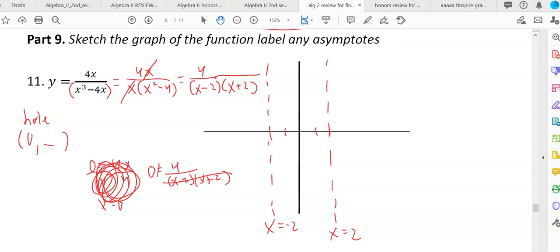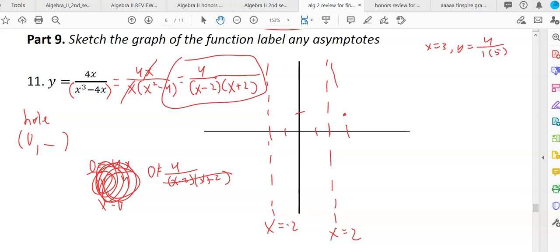Okay, we're going to have to plug in some points here, so let's plug in 3 and see what happens. So you're plugging into this guy, really. If x equals 3, then the y value would equal 4 over 1 times 5, or 4/5. I'm not so worried about the actual value of 4/5, but it's somewhere up here. It's positive.